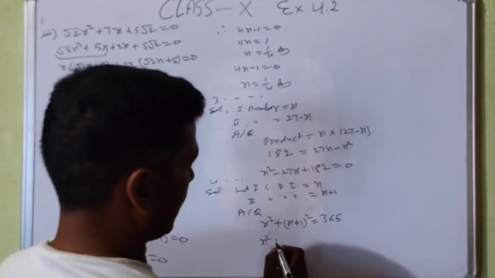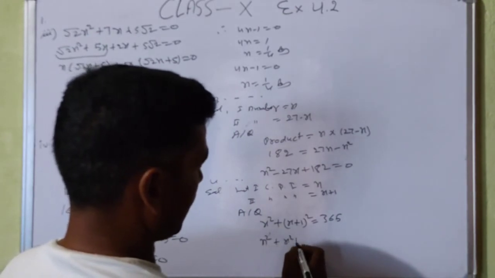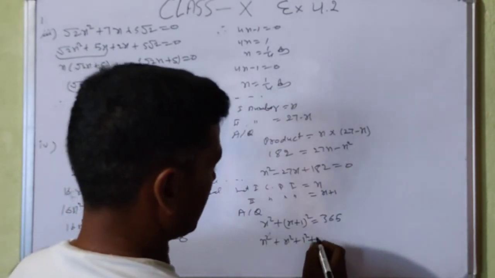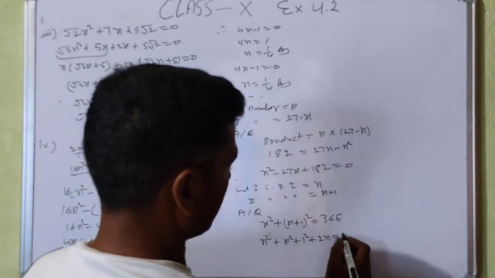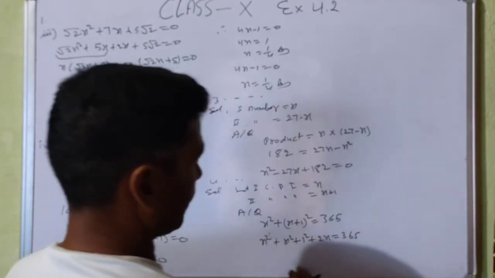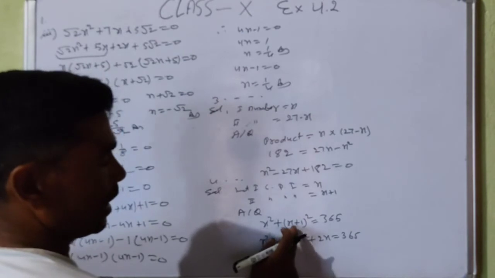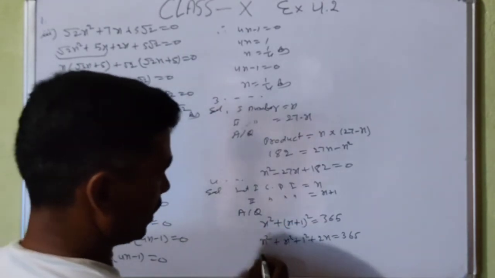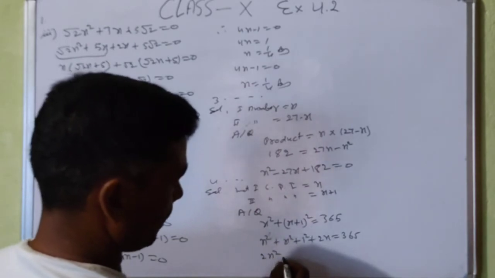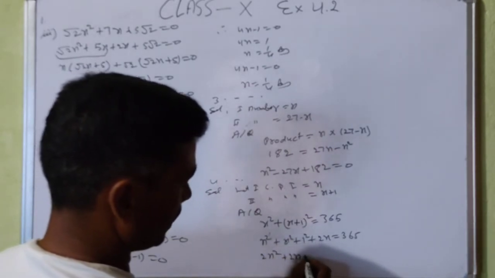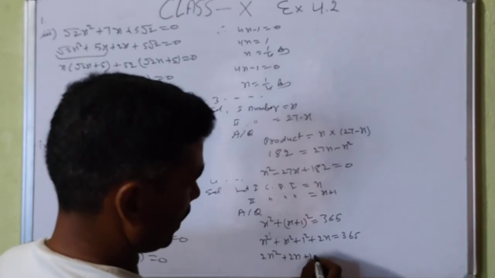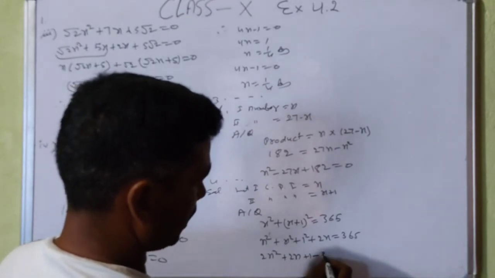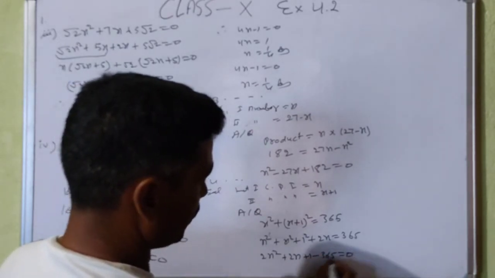So x square plus (x plus 1) square, by the identity (a plus b) whole square, gives x square plus 1 plus 2x equals 365. So this becomes 2x square plus 2x plus 1 minus 365 is equal to 0.